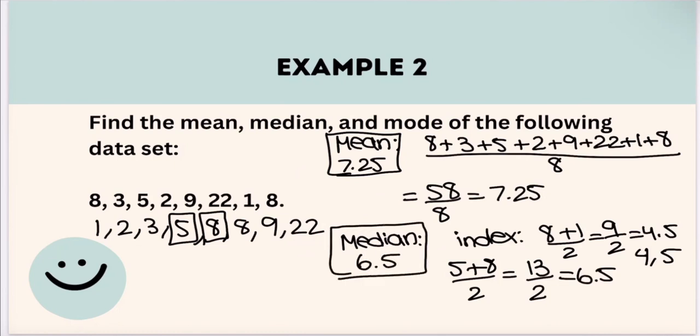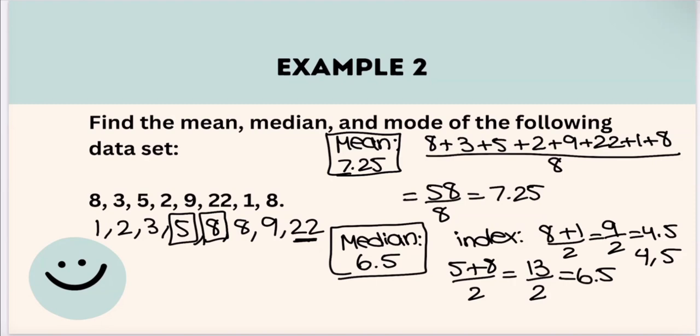And the reason it is a bit below is mostly because of 22, right? 22 is a pretty big number. It was really driving the mean up. Whereas notice that 22 really didn't matter for the median. It would have been treated the same way as we'd treat another 9 or a 10 or something that was a lot closer to the other numbers, but that is still higher than the middle terms.